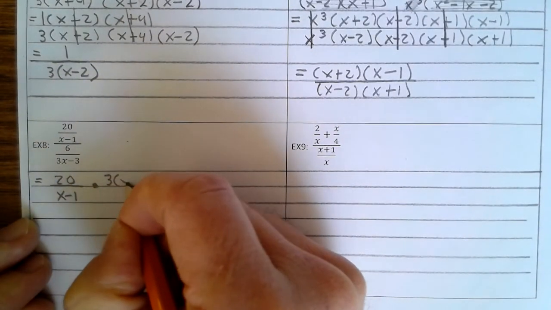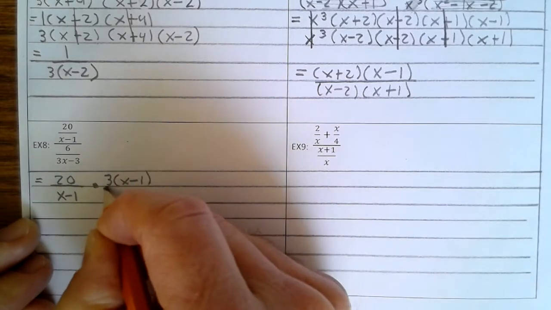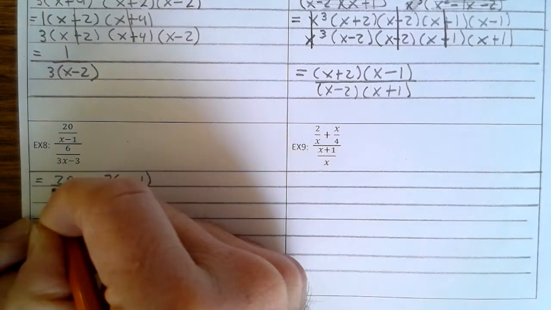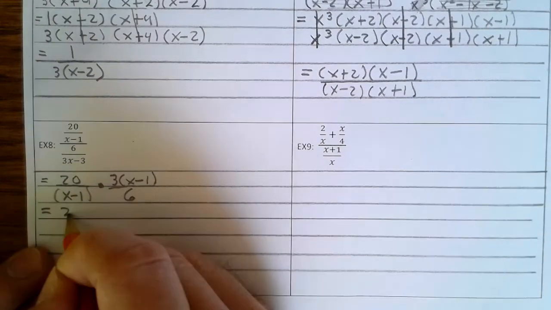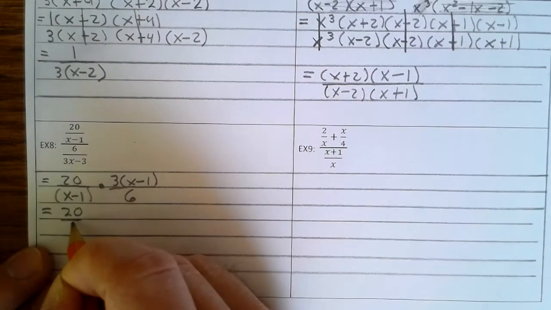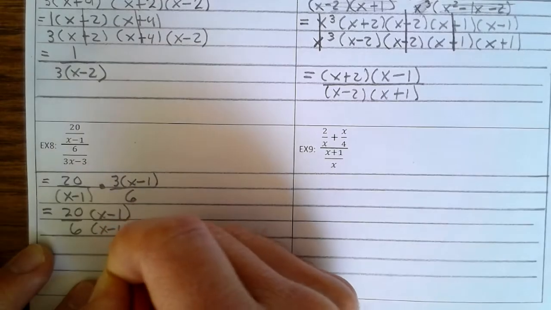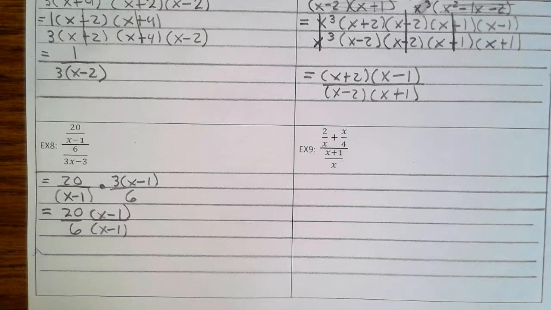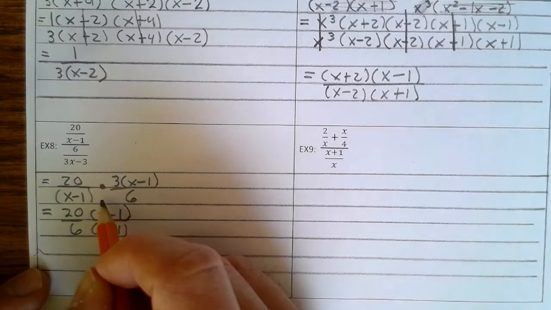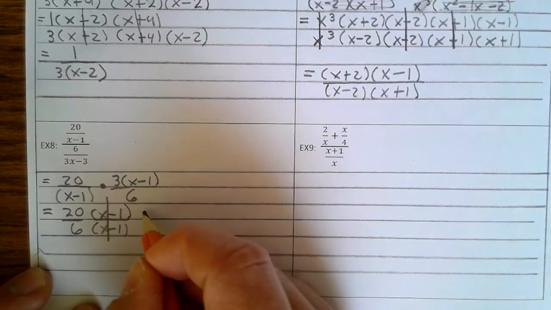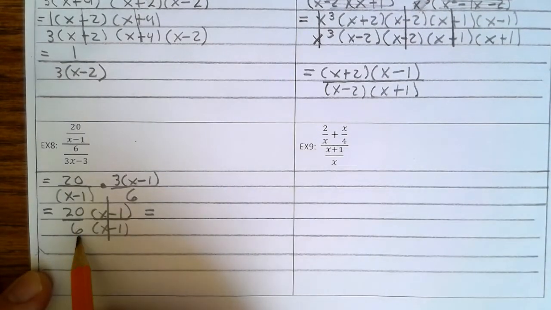So let's put the 20 divided by 6, and then that's x minus 1 divided by x minus 1. Okay? So now here we see that the x minus 1 divided by x minus 1 divides and becomes 1. Now we need to simplify 20 divided by 6. Well, we know they're both divisible by 2. We know that 10 times 2 is 20, and 3 times 2 is 6.